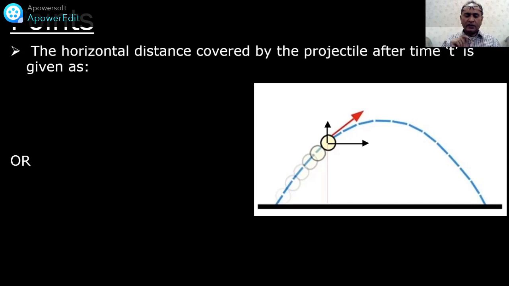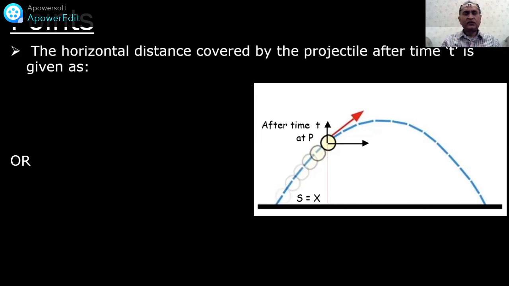So in the diagram, let's suppose a stone is thrown, and after time t, it reaches point P, and we want to know the horizontal distance traveled by this object, which is S. What is the value of S?